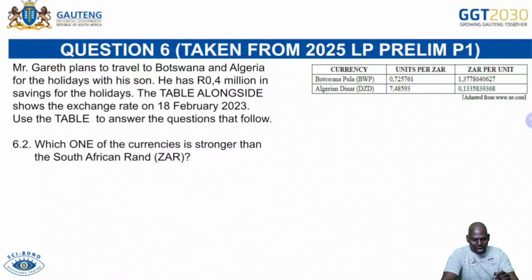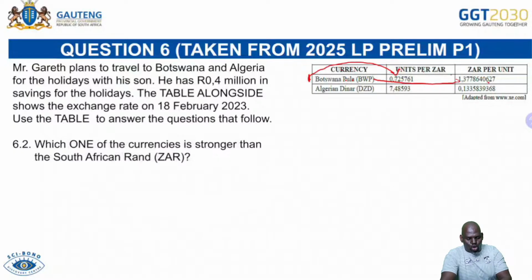So if we look at this one, if you compare the South African rand with the Botswana Pula, currency units per South African rand, if you take one Botswana Pula and bring it to South Africa, the 1 changes to less than 1.